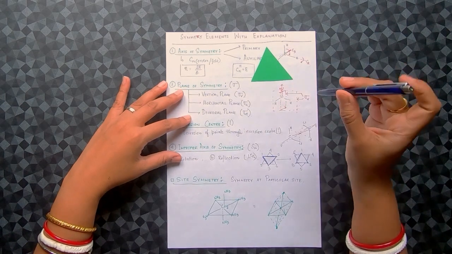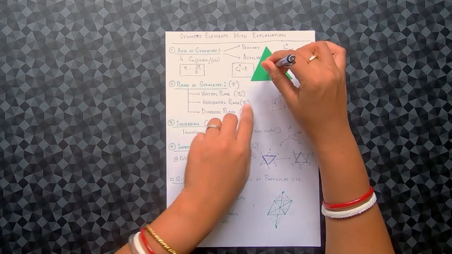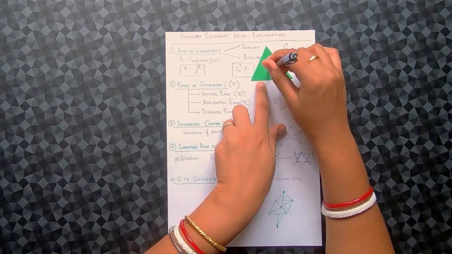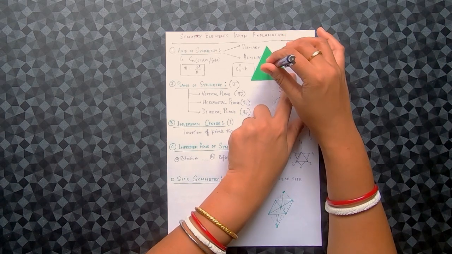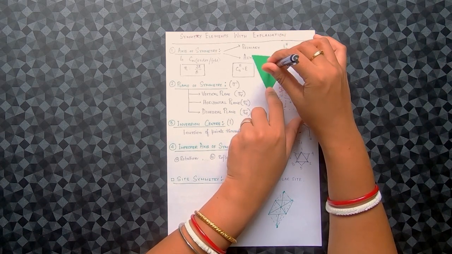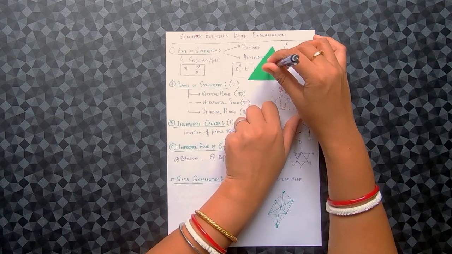So axis of symmetry is operating along the center. So if I rotate the molecule by 120 degrees, then I am going to get the exact configuration.